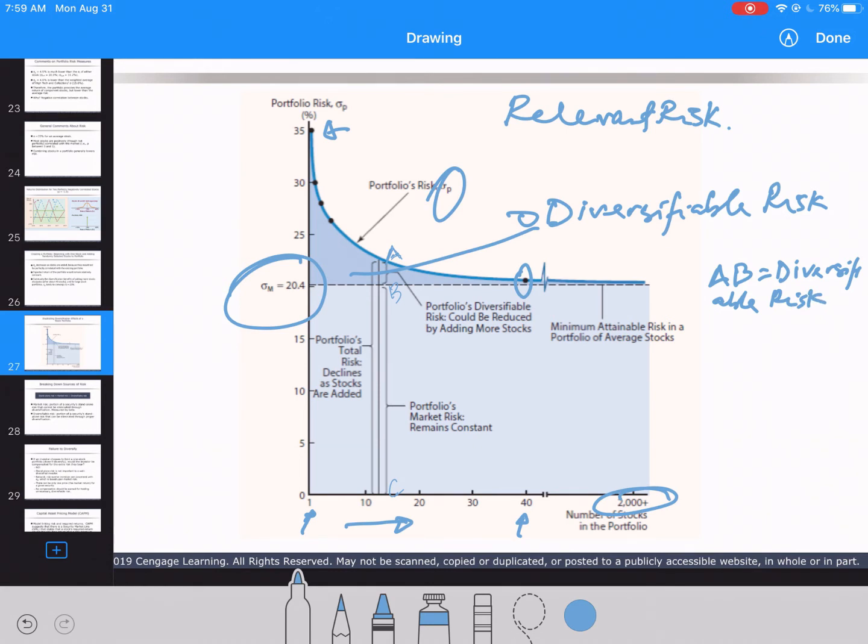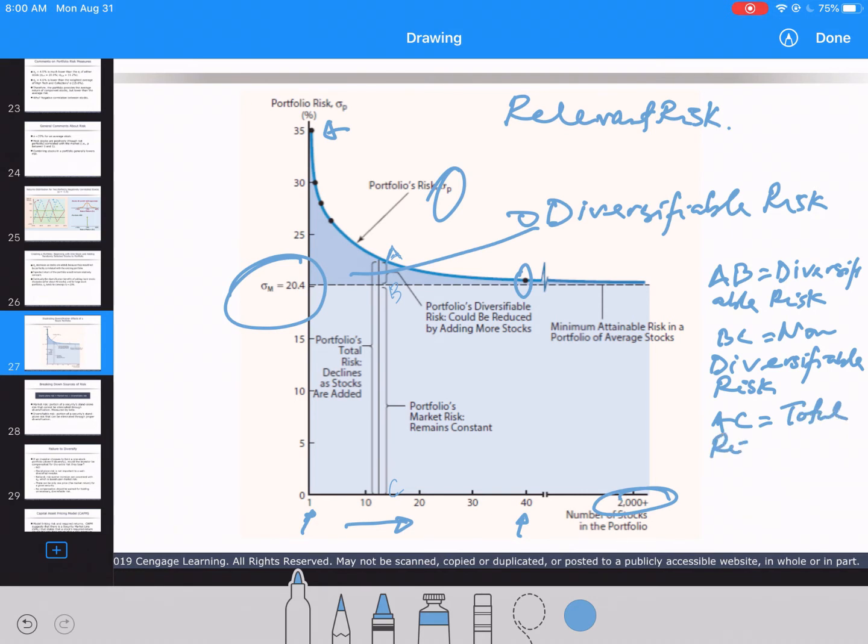Then BC is market risk, or call it non-diversifiable risk. And of course, AC is total risk.